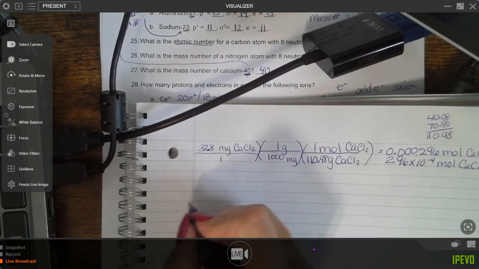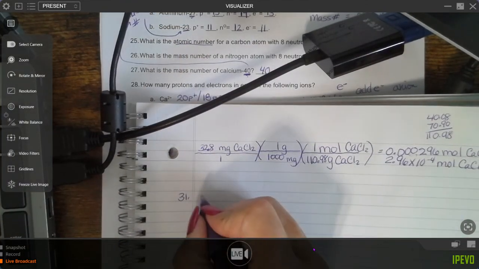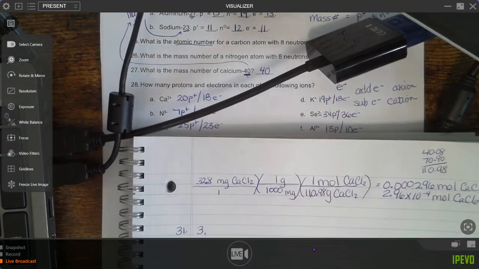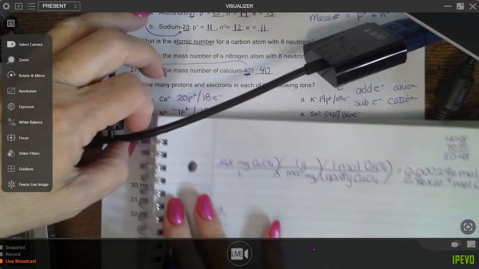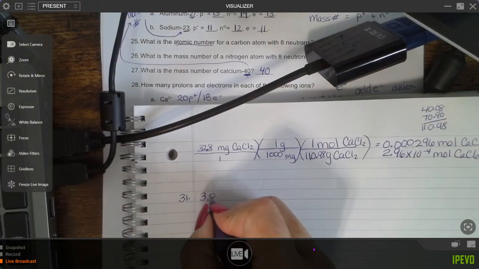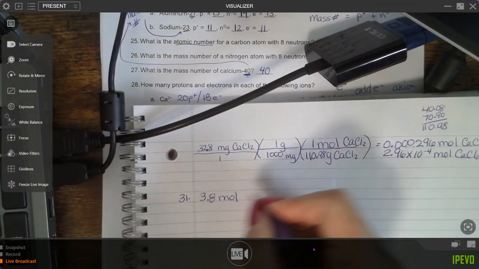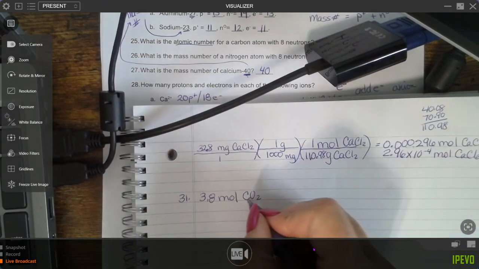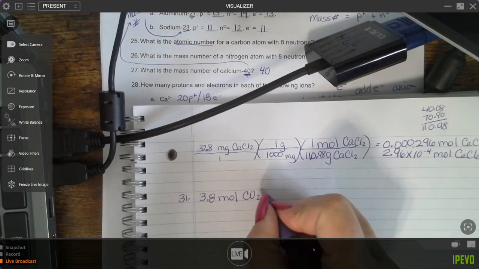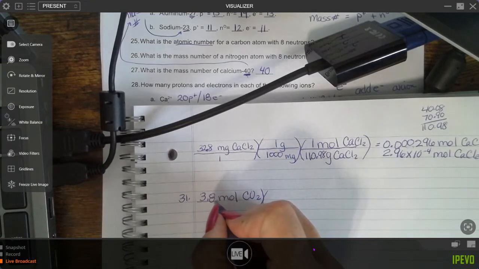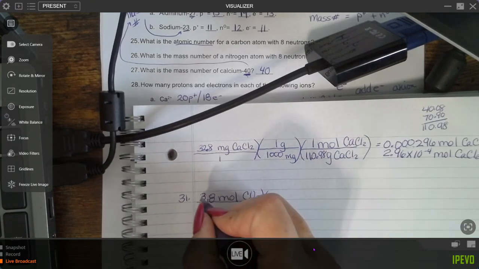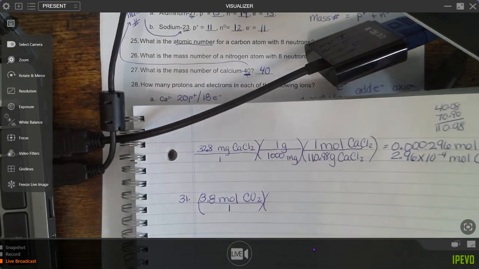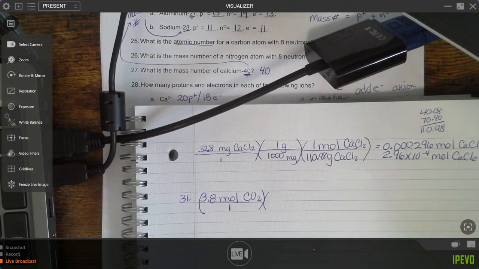So number 31, 3.8 moles of carbon dioxide, and we want to know how many carbon atoms. The first thing we have to do is figure out how many carbon dioxide molecules there are, and this is where we will use Avogadro's number.